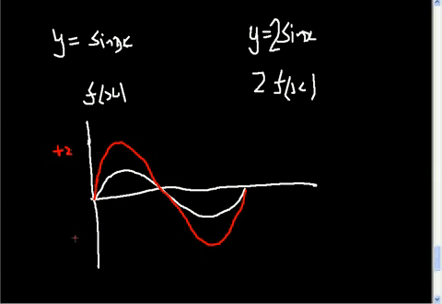The maximum and minimum points will be +2 and -2. This is 2 sine x, and the other graph is just sine x. You can see positive 1 doubled to positive 2, 0 can't double itself, and all the other points in between have doubled in value.